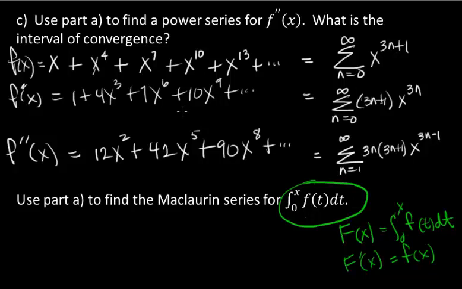Because this isn't just the entire family of antiderivatives, is it? This function is not the entire family of antiderivatives. It's not just the indefinite integral of f of x dx. It's a particular one. It's the one that equals 0 when x equals 0.